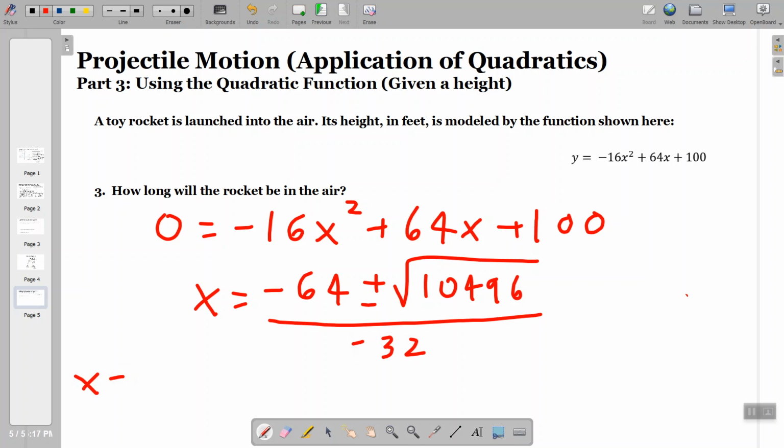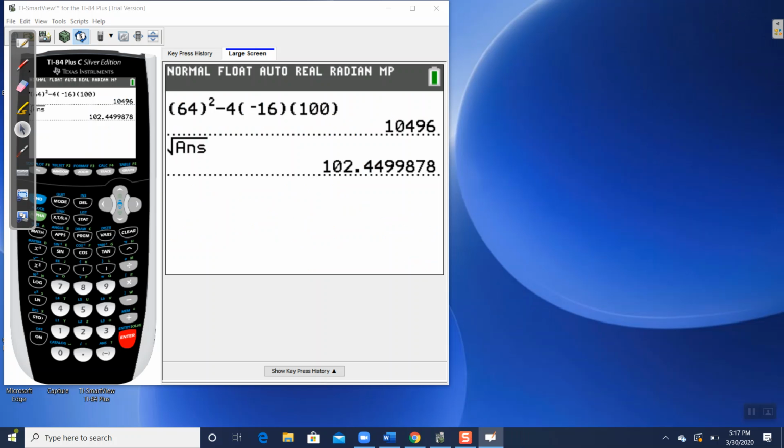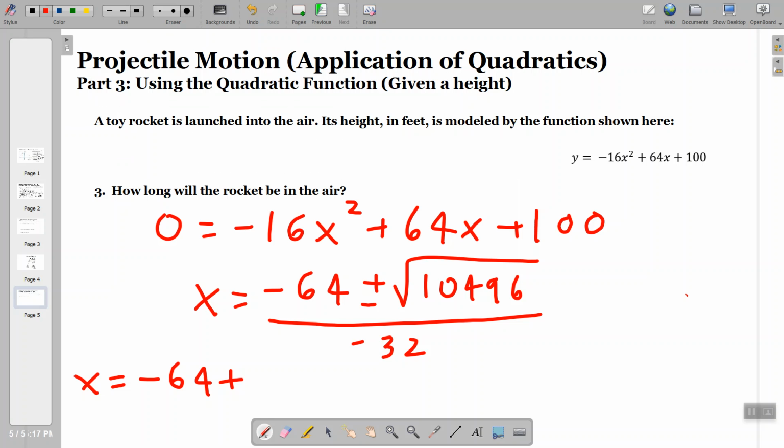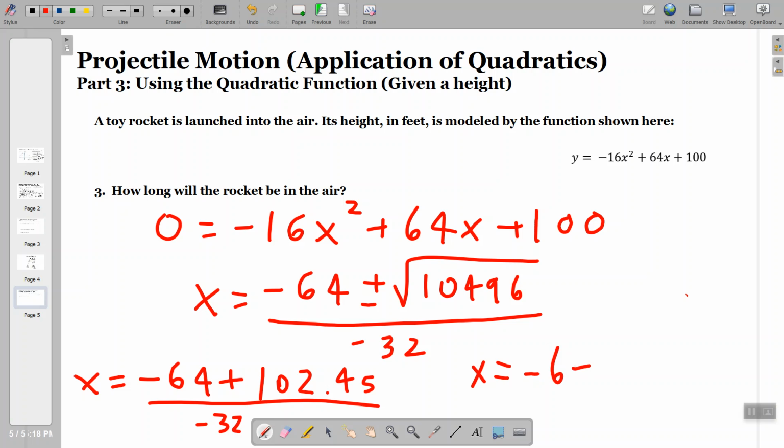All right, so x equals, one of them is negative 64 plus, I'm going to go ahead and replace with the decimal. The decimal was 102.45, all over negative 32. And the other one is negative 64 minus 102.45, all over negative 32.